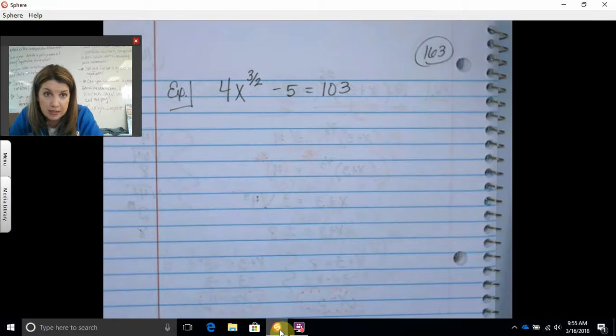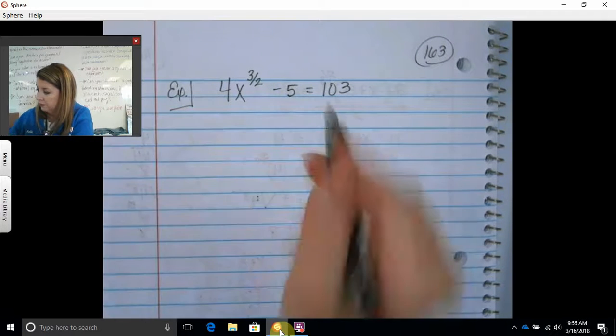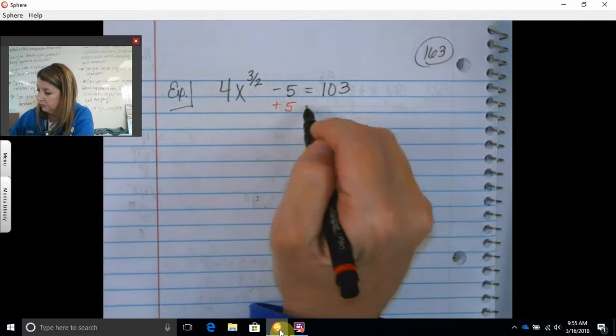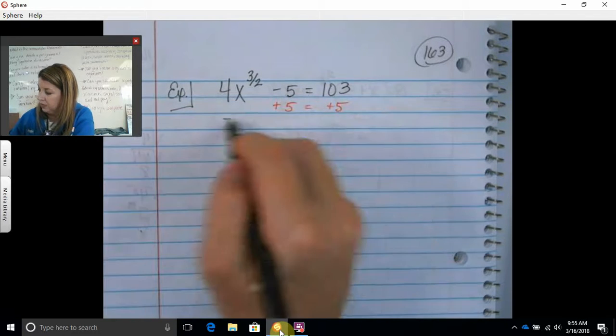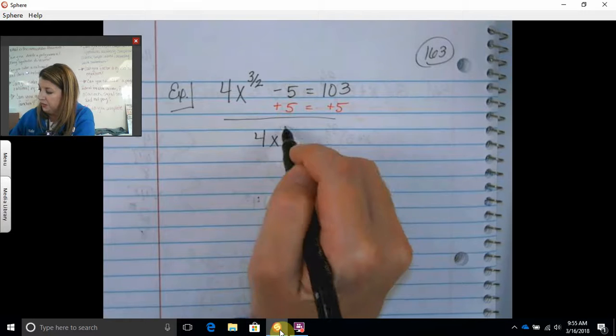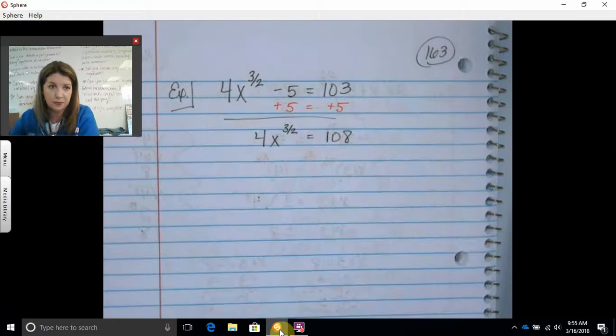We would have to isolate that. What should I do first? Add 5. So 4x raised to the 3/2 equals 108.